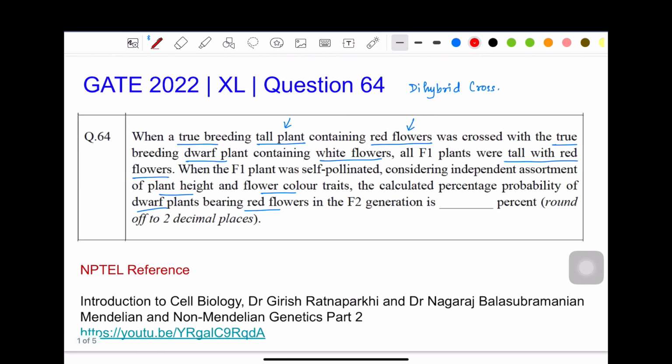Now, the question is stating that there is a true breeding tall plant with red flowers. Now, we can denote this tall character with capital T. The true breeding tall plant with red flowers was crossed with a true breeding dwarf plant with white flowers, and all F1 plants were tall with red flowers.